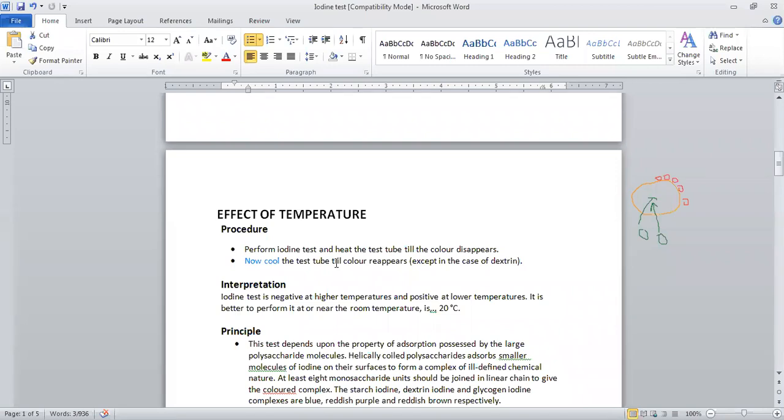Iodine molecules will be separated, polysaccharides will be separated, and again there will be disappearance of the blue colored complex, and there will be no more blue color in the solution.